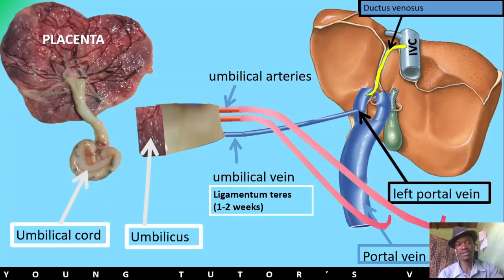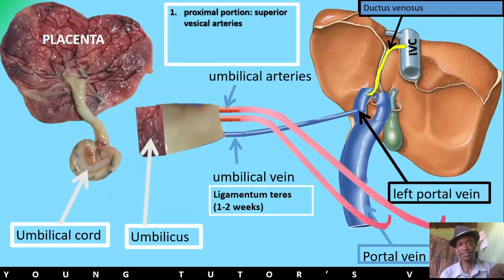Those branches are called the superior vesical arteries that supply the superior aspect of the bladder. So the proximal aspect of the umbilical arteries will become superior vesical arteries.